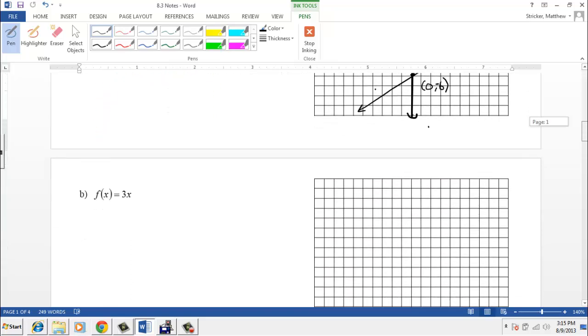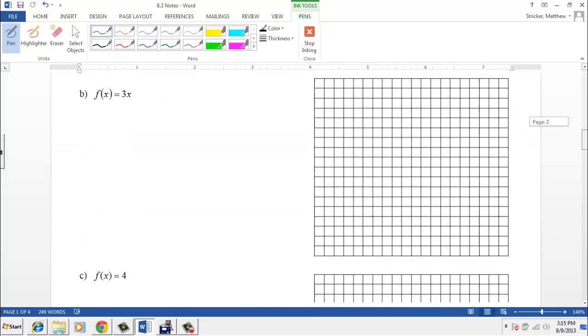Now, what if we have one like this? What is missing in this problem that was in the last problem? Hopefully everybody can see that we're missing the plus b, which means if you want to think about your y equals mx plus b form, you can think of the b as being 0, which in this case means our y-intercept is 0, 0.